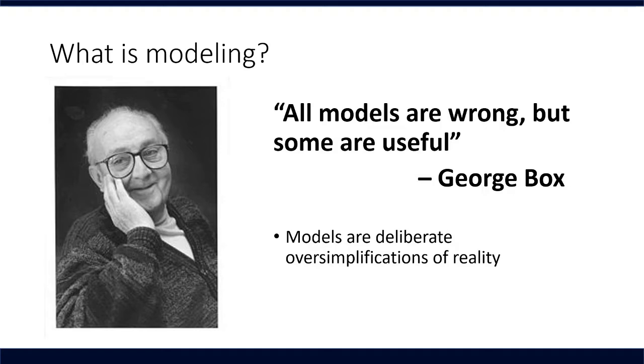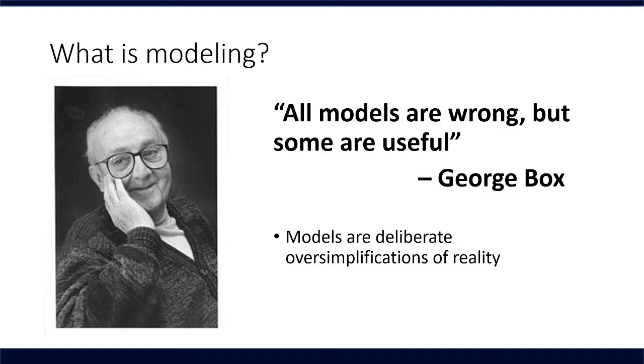They're inherently wrong. They're meant to be wrong because if we were to try to replicate the universe in a mathematical equation or in a computational simulation, right? It just couldn't be done. Things are too complex, too complicated. There's too many variables and moving pieces and parameters. And so what we do as modelers is distill things down, simplify things down to the key pieces, and then explore those, right?